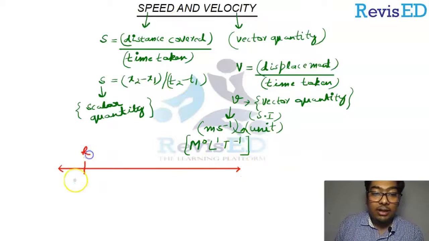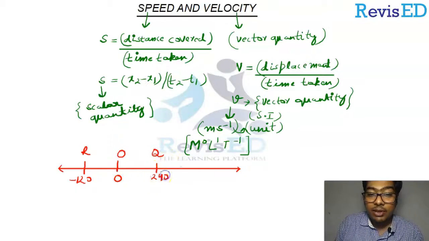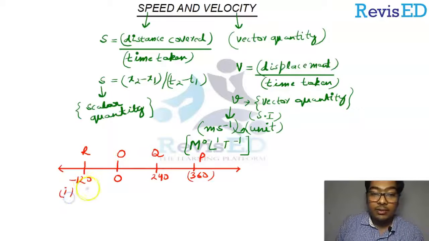We'll be calculating speed, and while calculating speed, distance remains constant. This is motion in one direction, in the x direction. Let us take the x axis and the coordinates, where O represents 0, and R, Q and P are coordinates.